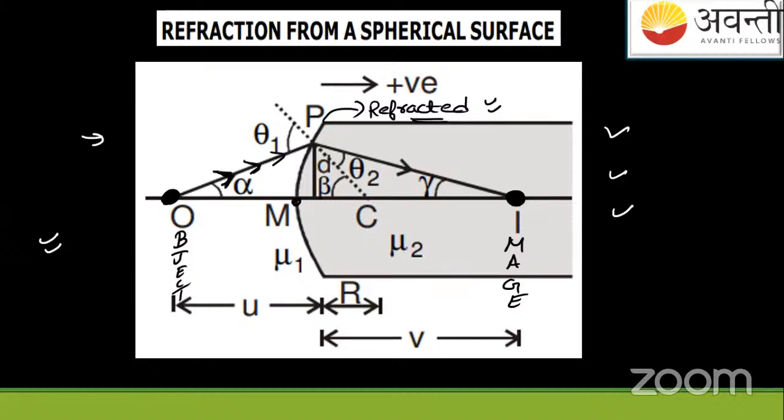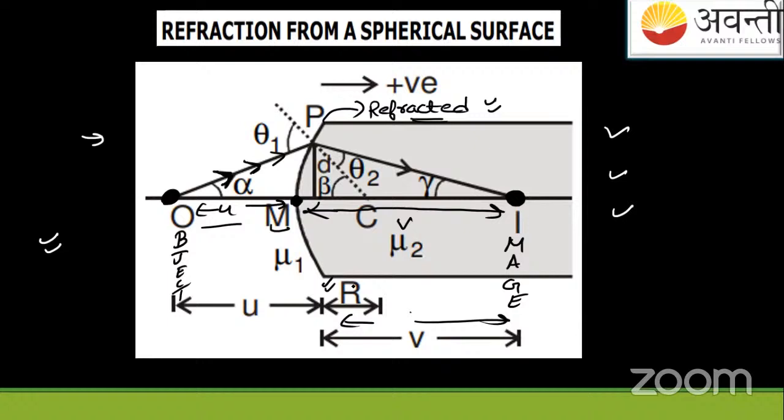This is the pole, looking like a pole, but we'll treat it as a reference point, the center of this spherical surface. Suppose the image forms at a distance equal to v, and the object is at distance u from this point, the pole or vertex-like center point. So this reference point is M, object distance is u, image distance is v, and the radius of curvature is given as R.